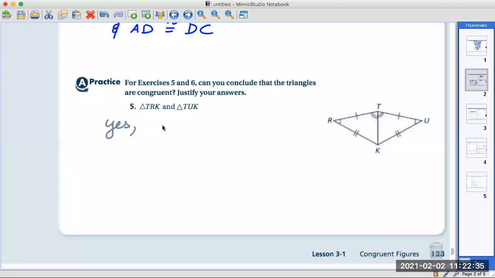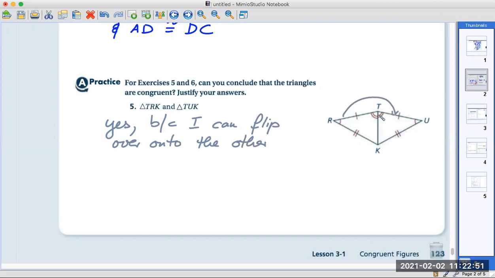Change color. Because I can flip over onto the other. I'm just going to shortcut it. I'm hoping you understand what I'm talking about, flipping it over. And we are also certain that side length and angles match. Not all of them.